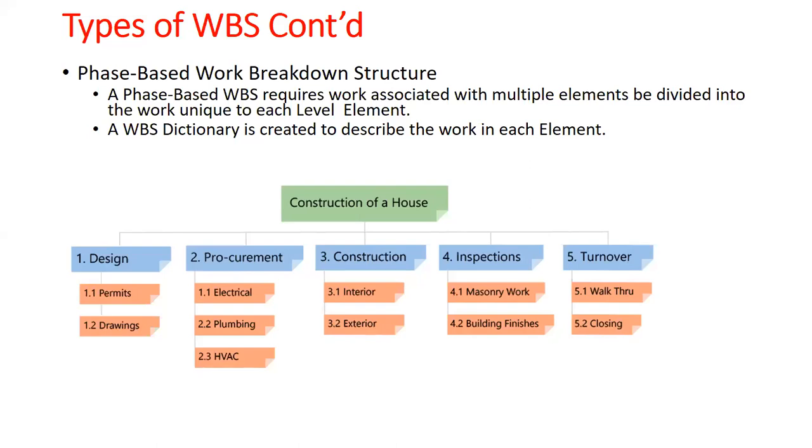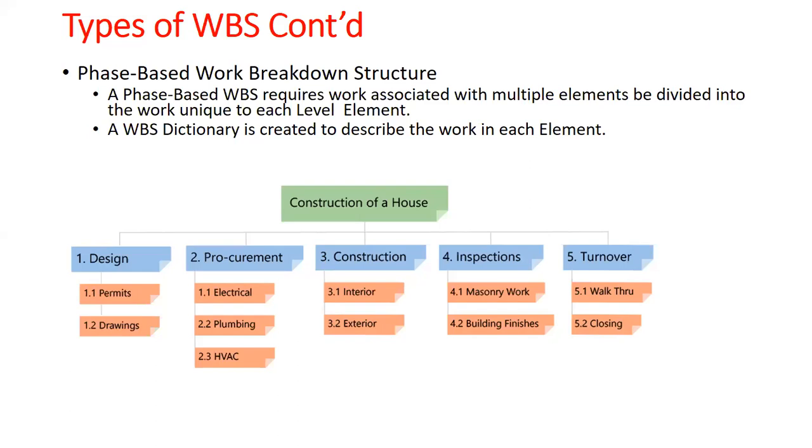Then if you were to look at it by WBS, it simply means that as you have design, you have 1.1 permits, then you may have 1.1.1, which will be registrations with regulatory bodies, 1.1.2, get your certificate, 1.1.3, document your certificate.